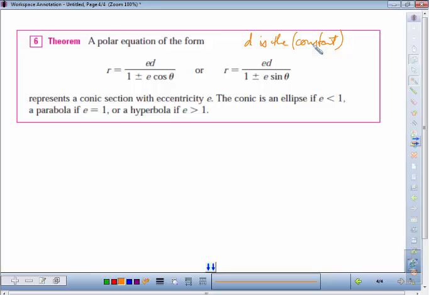But the way we want to look at this is that it's a constant value that describes the directrix. So depending on what your equation is.